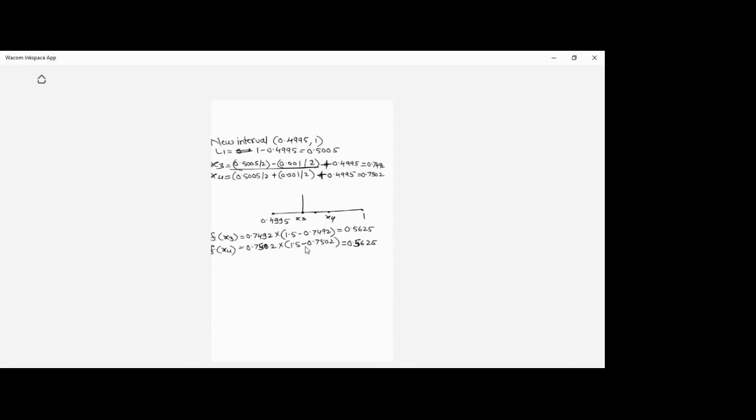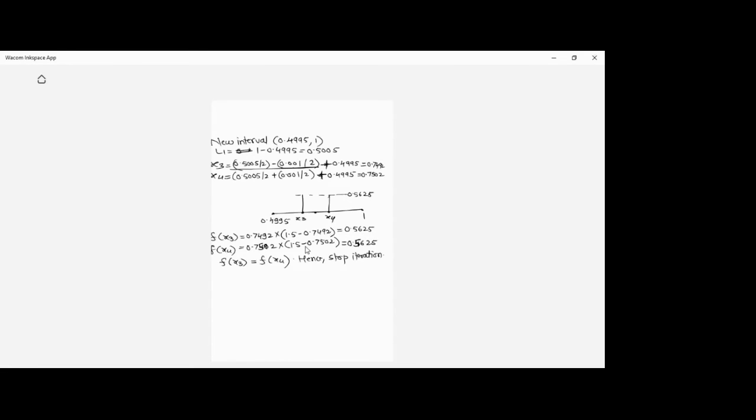Now what is happening is that 0.5625, the same value that you are getting for both the variables x3 and x4, suggests that you have reached the maximum value. When two functional values at a particular interval are matching, that suggests that you have to stop the iteration, hence stop this iteration.